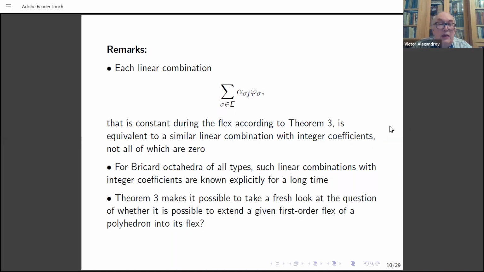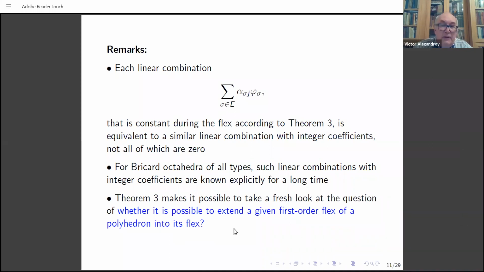And the third remark is that Theorem 3 makes it possible to take a fresh look at the question of whether it is possible to extend a given first order flex of a polyhedron into its flex.